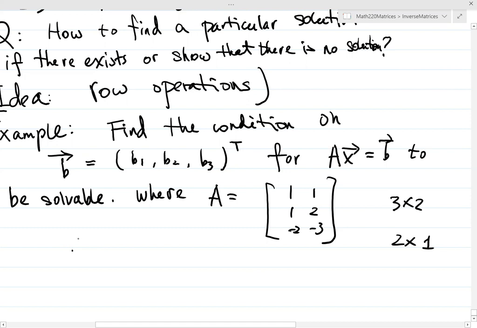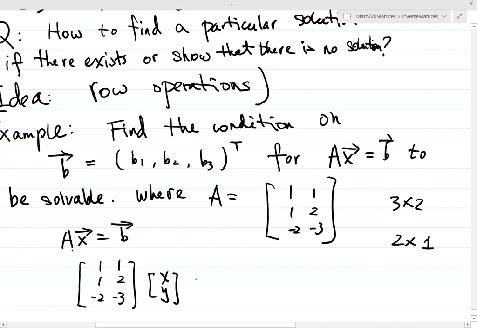If you write Ax equal to B, you get the matrix A times (x, y) equals (B1, B2, B3).